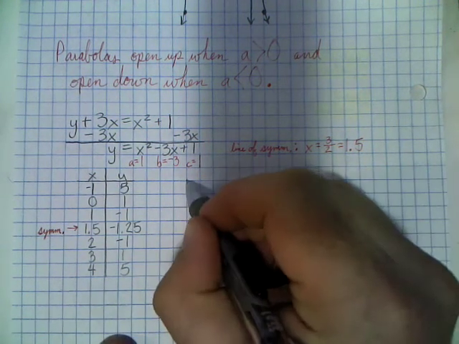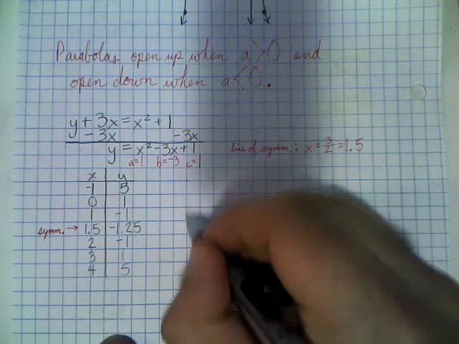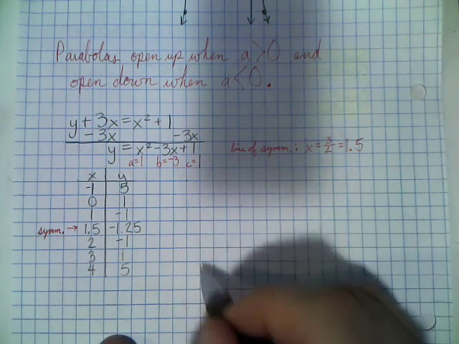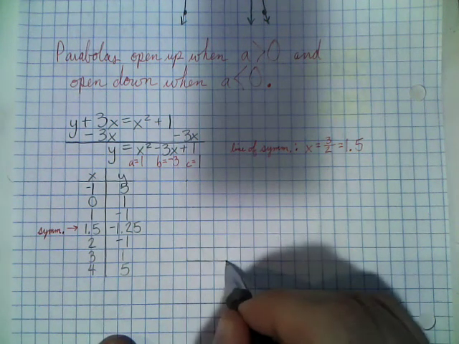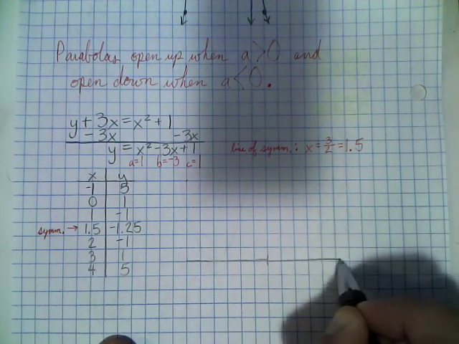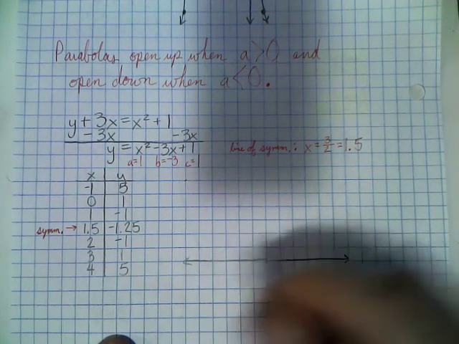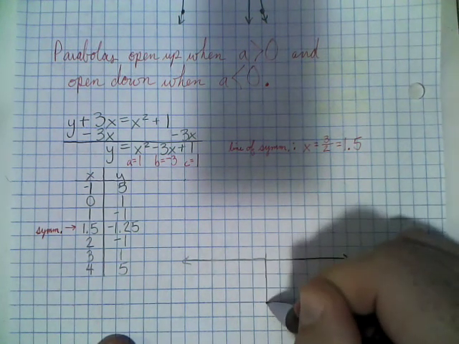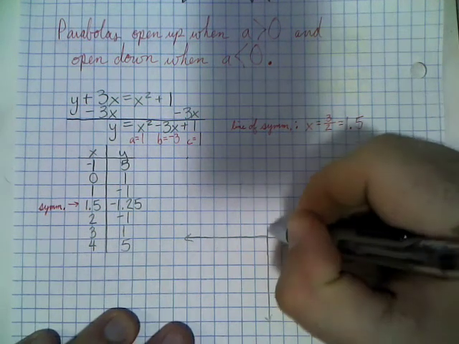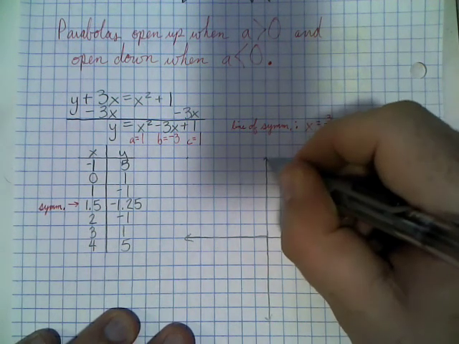I might just decide this time, let's just go 6 in every direction for our graph. I think we should have room for that. So 3, 6, 3, 6, 3, 6, 3, 6.